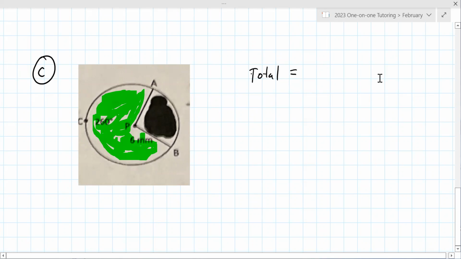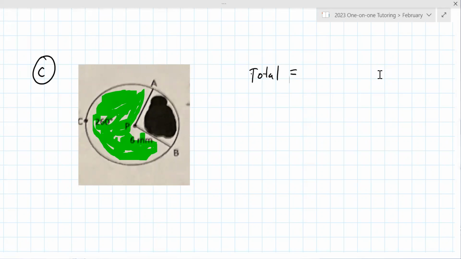What's the total area? We already calculated that in part A. Oh yes, 113.04.